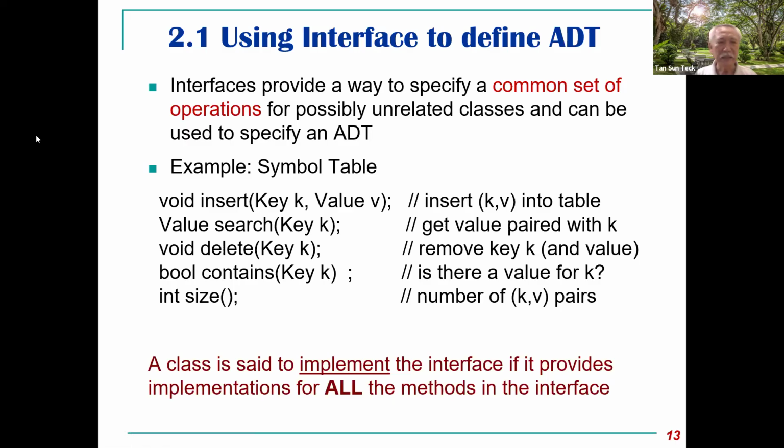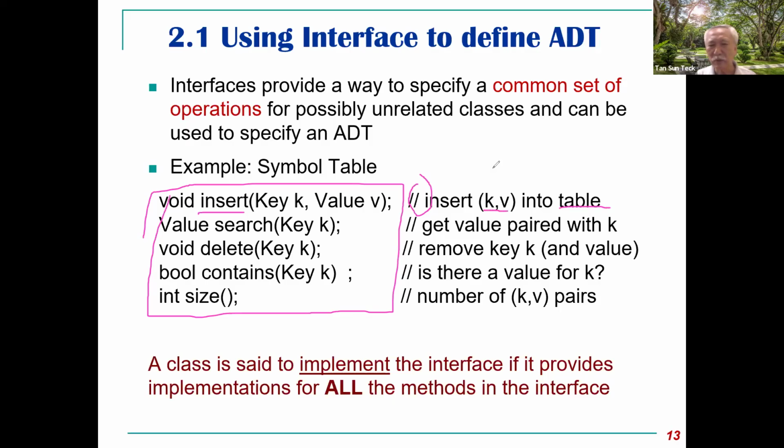The idea is that currently, the interface down here does not specify what the functionality is. What you want to do is use these comments to tell people using this interface or this ADT that this method called insert is to insert a key value pair into the table.